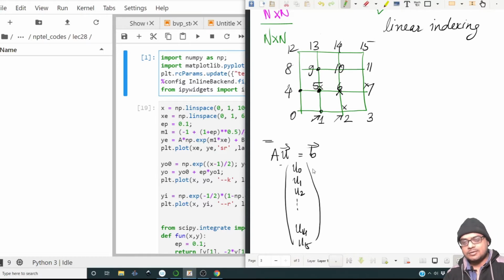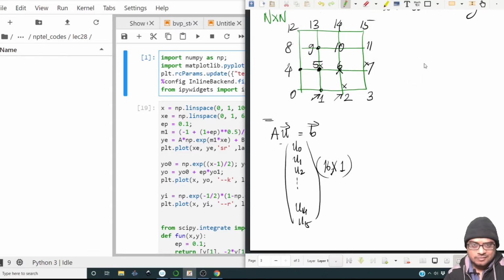There are 16 elements over here, so u is 16 cross 1, A is 16 cross 16, as I've explained, n square by n square, and b is 16 cross 1. So now let us focus on u5. When I'm writing down the equation for u5, there will be u3, u4, u5, and so on. So what about the equation for u5?